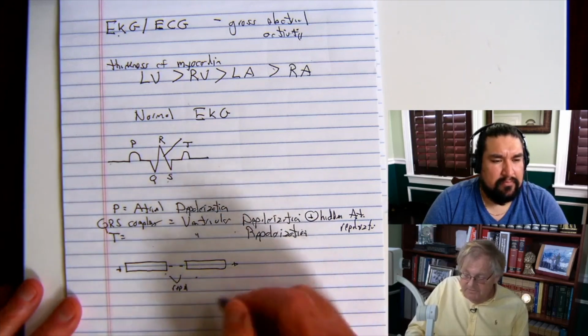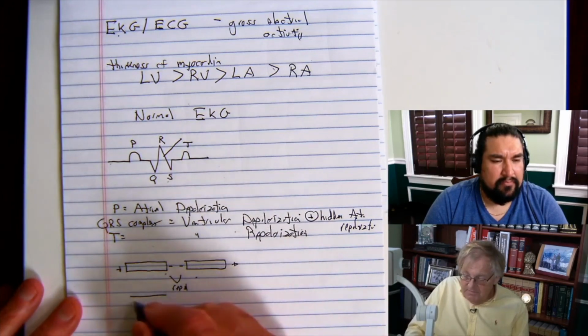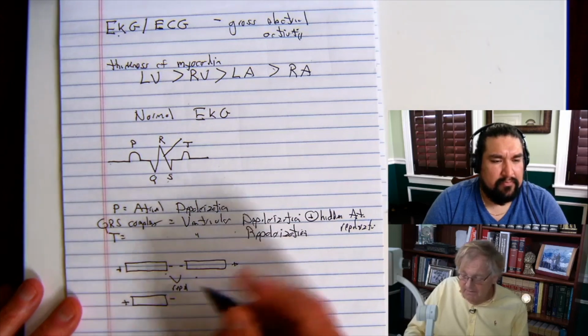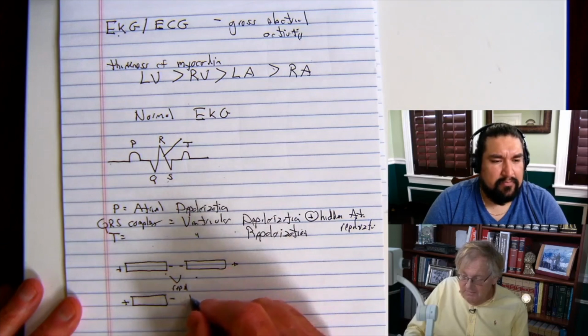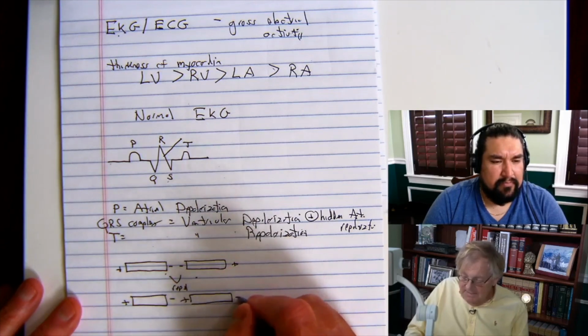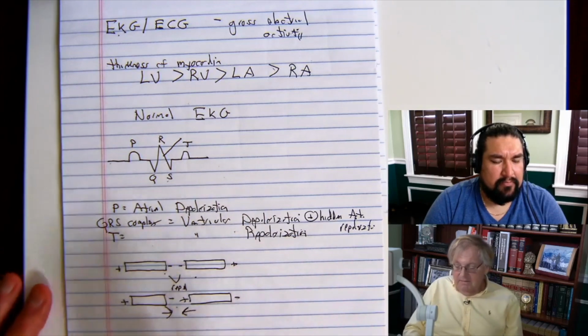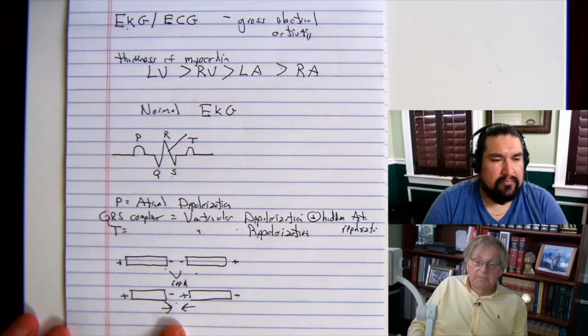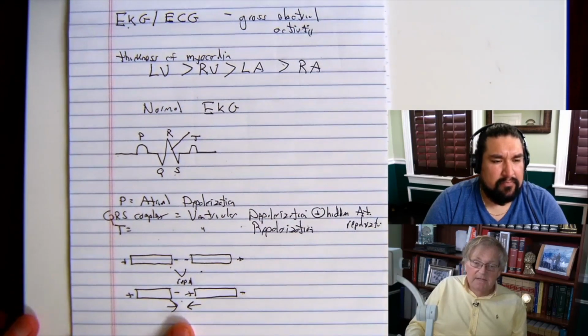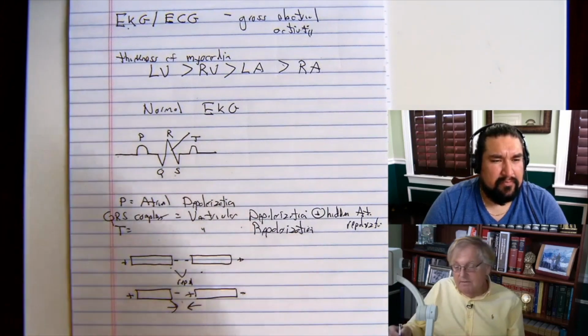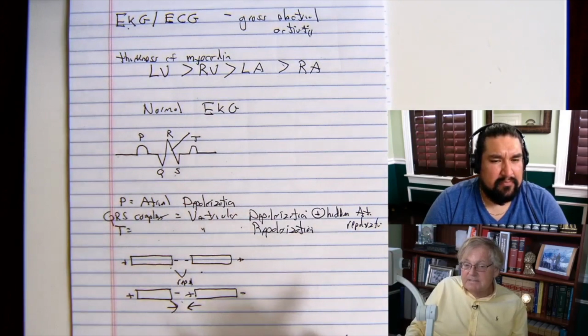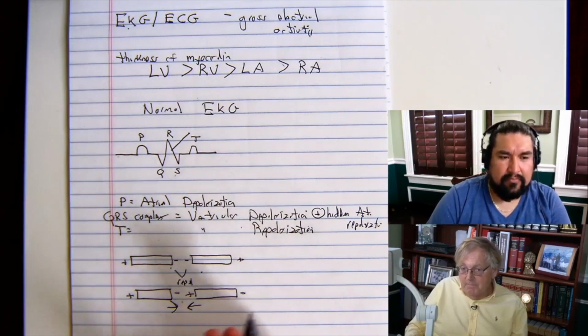But if I flip this around, so the plus is here and the negative here, and flip this one so the positive is here and the negative is here, these 2 are going to attract and join one another. That's going to repel, that's going to attract. So that shows that there's a polarity inside of a bar magnet.